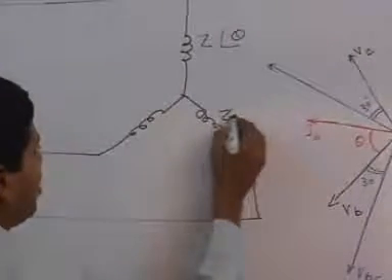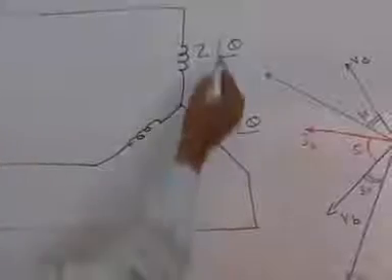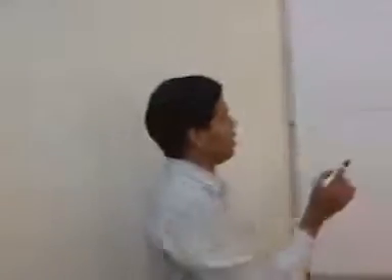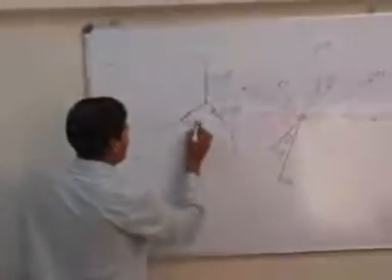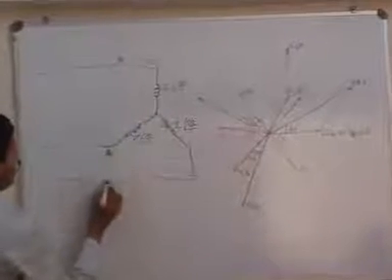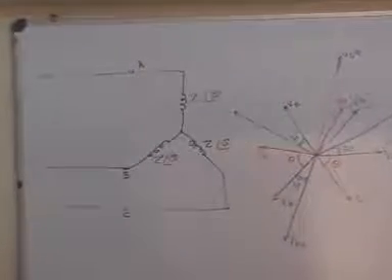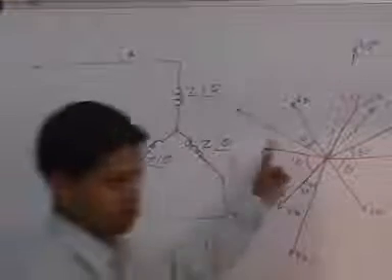If it is a balanced load, all three values are the same here; the displacement will not be 120. You should understand that balanced load means the magnitude as well as the phase angle are the same in all three phases. So Z angle theta is for all the three phases. I'll call them phase A, phase B, and phase C. We want to measure the power of this three-phase system supplied by a balanced three-phase source.